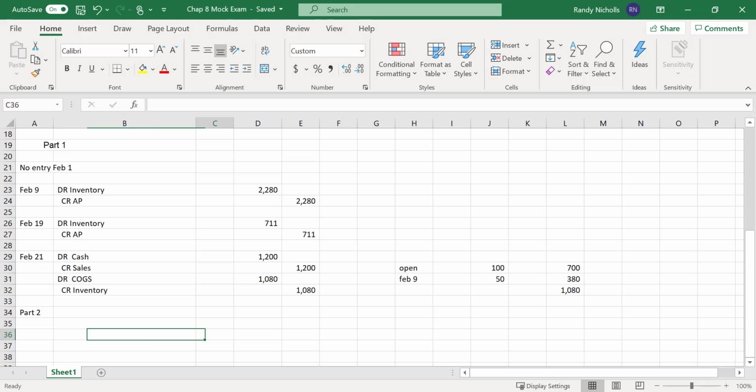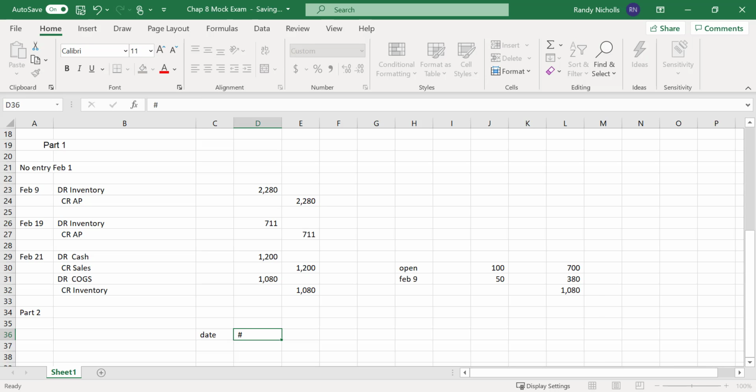The way I typically like to do it, I've got a date, I've got a number, I've got a each or per value, and dollars. And I've got that for transactions.